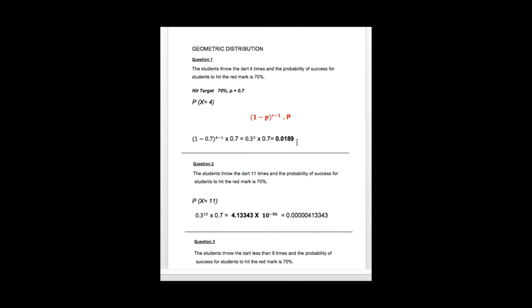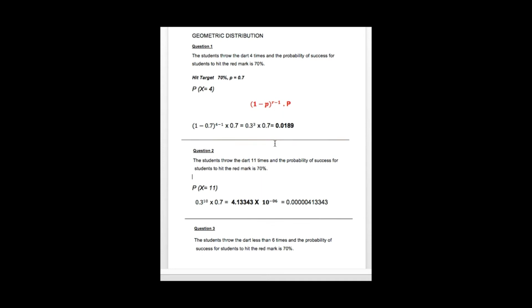0.0189. Meanwhile, question 2: the student throws the dart 11 times and the probability of success for the student to hit the red mark is 70%.